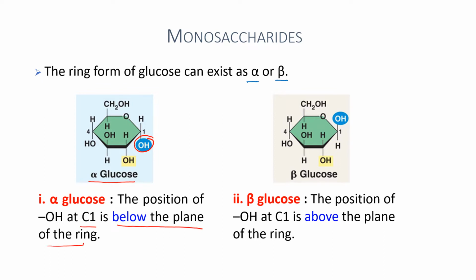The second type of glucose is beta glucose, where the hydroxy group at carbon number 1 is located above the plane of the ring. So you should know the difference between alpha glucose and beta glucose.